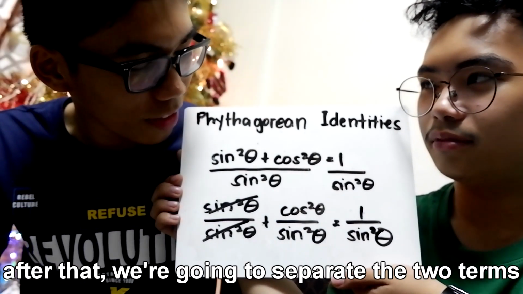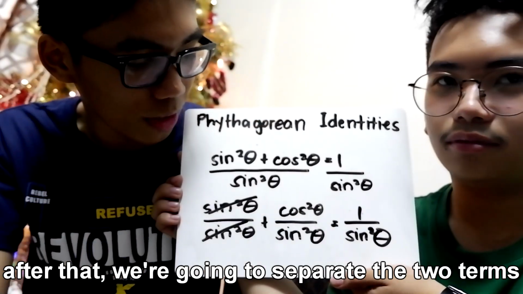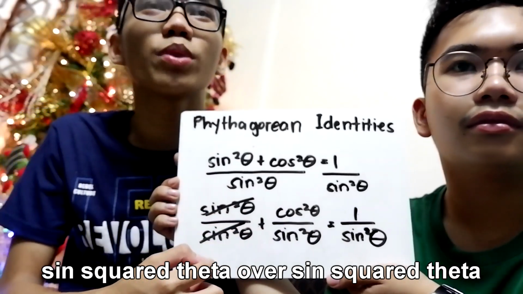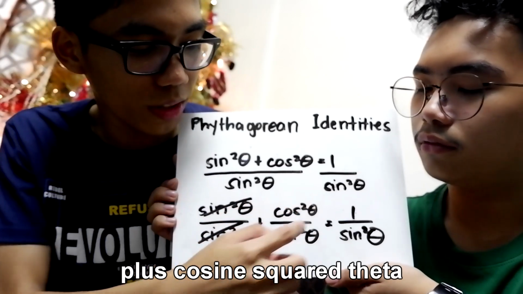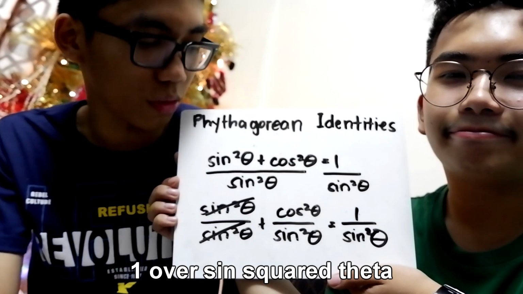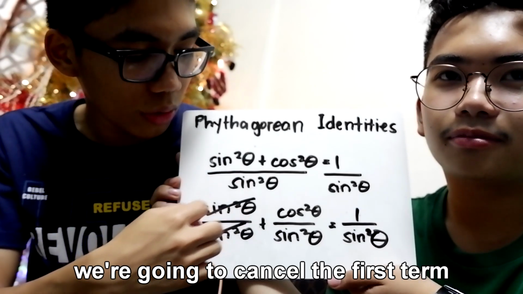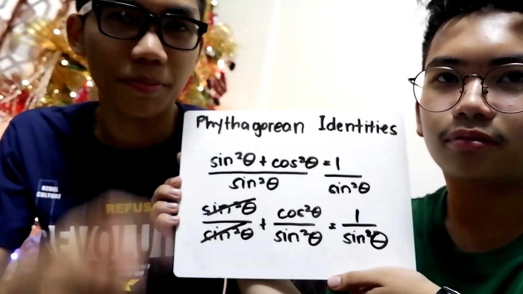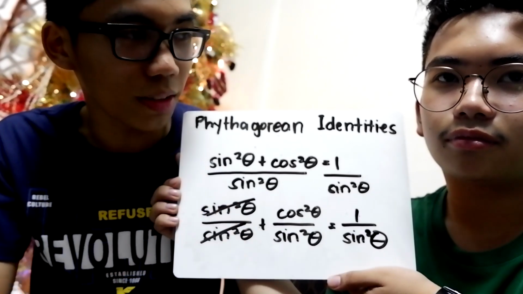After that, we're going to separate the two terms. It will look like this: sine squared theta over sine squared theta plus cosine squared theta over sine squared theta is equal to 1 over sine squared theta. We're going to cancel the first term since both of them are sine squared theta. It will equal 1.